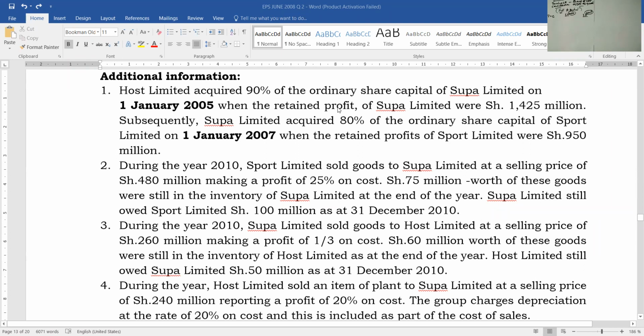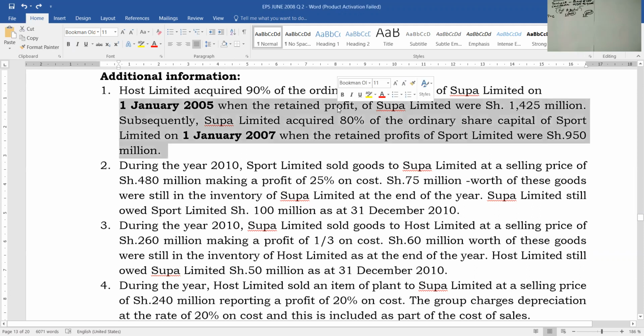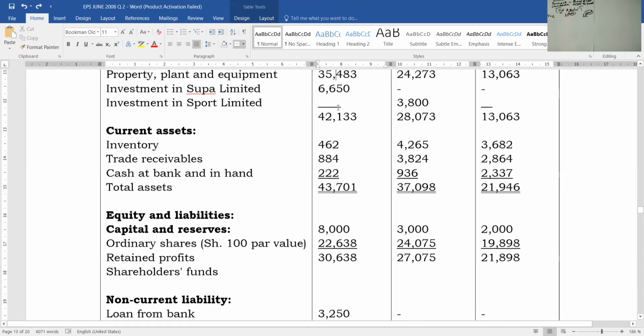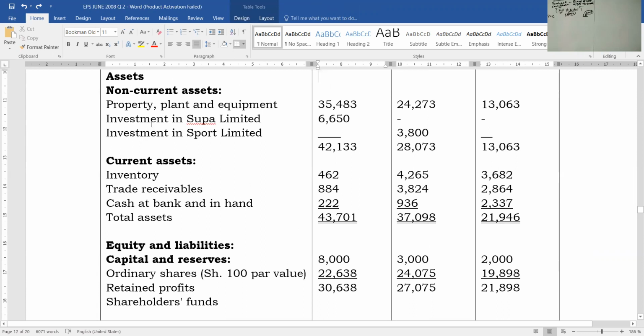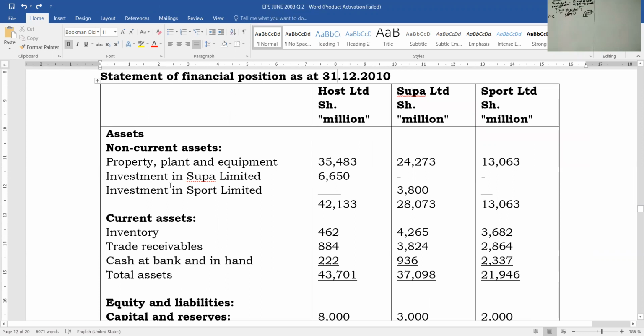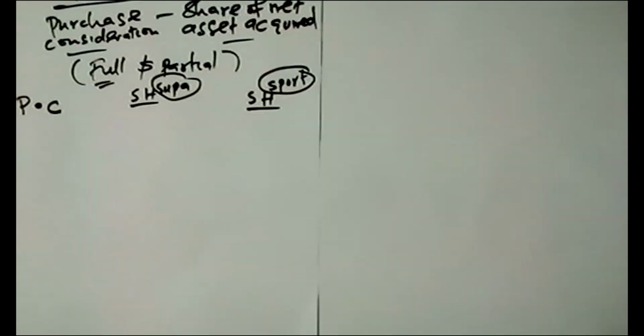But if it is not given in the additional information, you come back to your statement of financial position and check the investments. You can see here, investment in Super, and it is under the parent because he's the one who invested. Investment in Super Limited is 6650. This 6650 is the one which was invested in Super. So the investment of host in Super is 6650, and that is the purchase consideration.